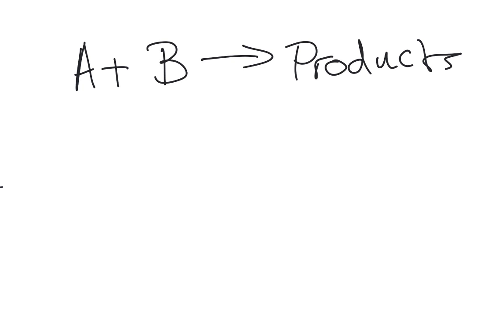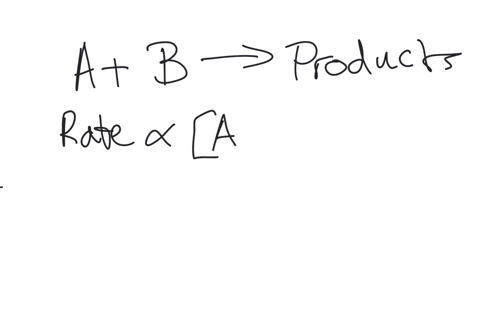Now you can imagine that if one of the reactants is A, there's going to be some sort of relationship between rate and the concentration of A. Like we said a minute ago, unless we can work it out experimentally later, we don't know whether A is taking part in a slow step or a fast step. So it's really hard for us to say this is the exact relationship.